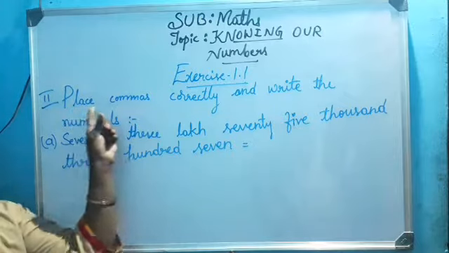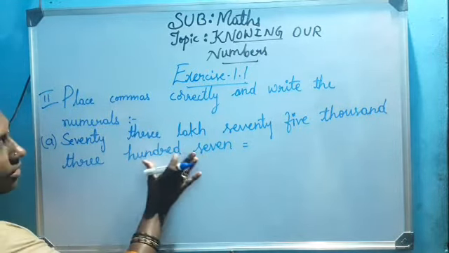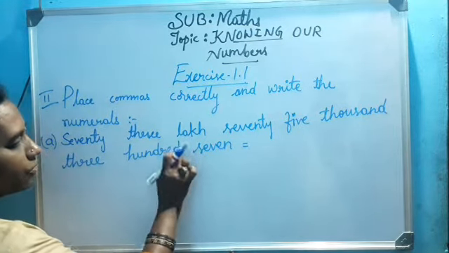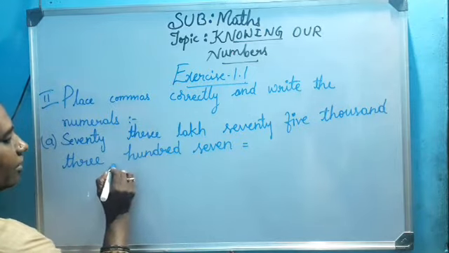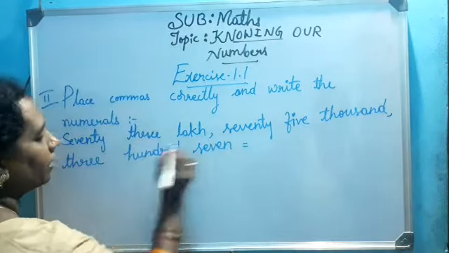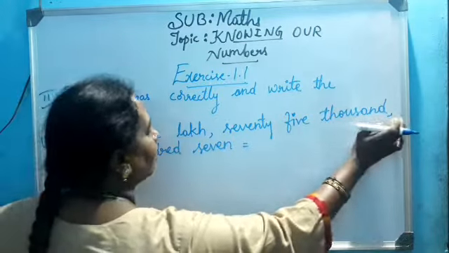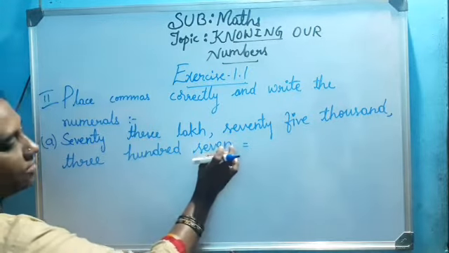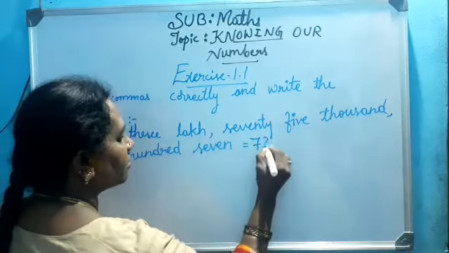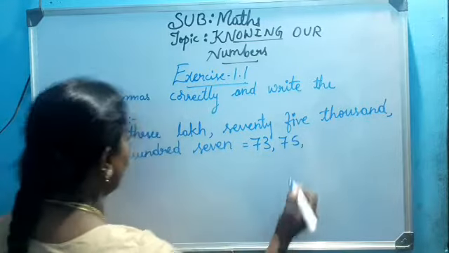See, children, place commas correctly. First the hundreds place, 7. Here there is no tens place, so you put a 0 there, and after the hundreds you put the comma. So 73 lakh, put the comma, 75,000, put the comma.